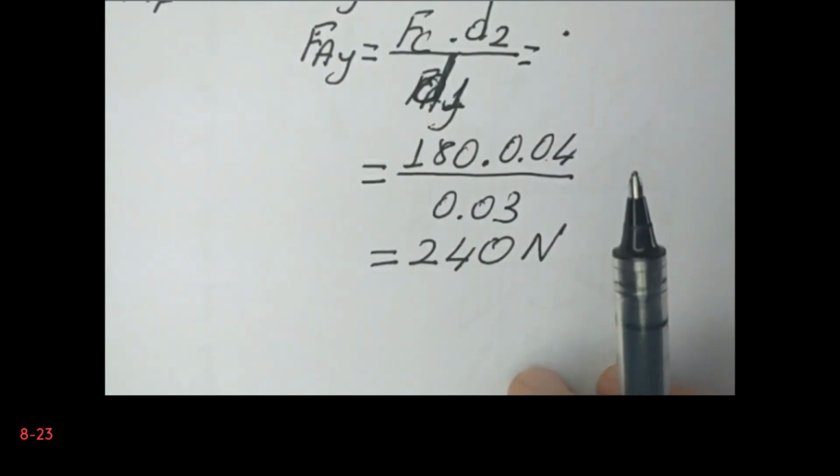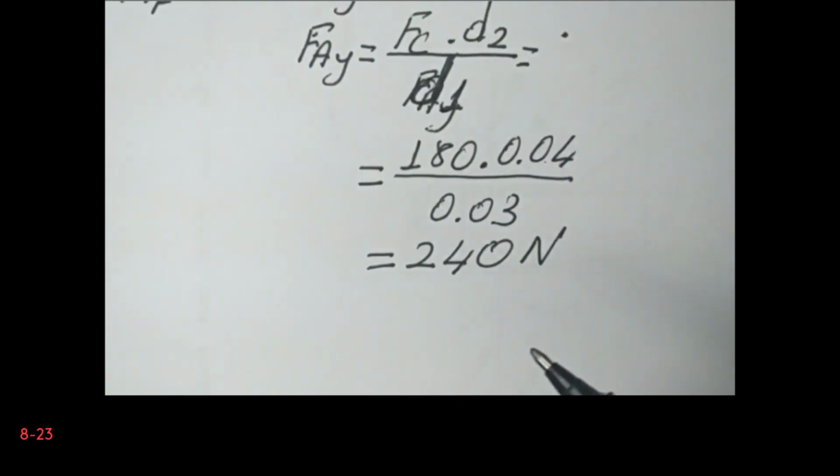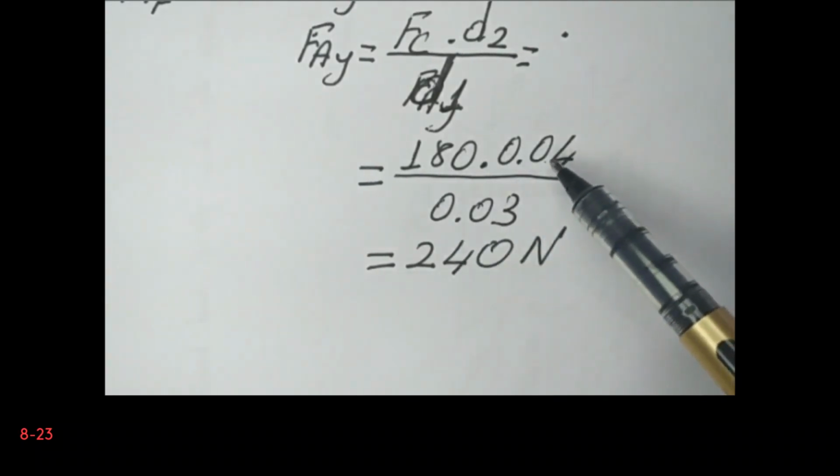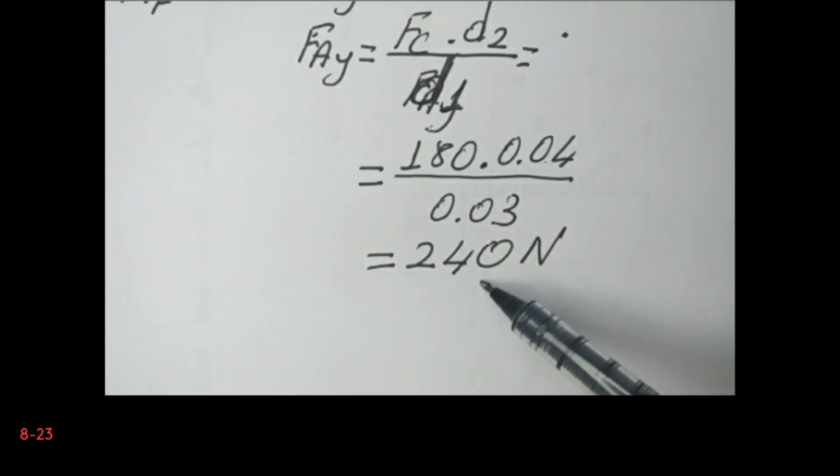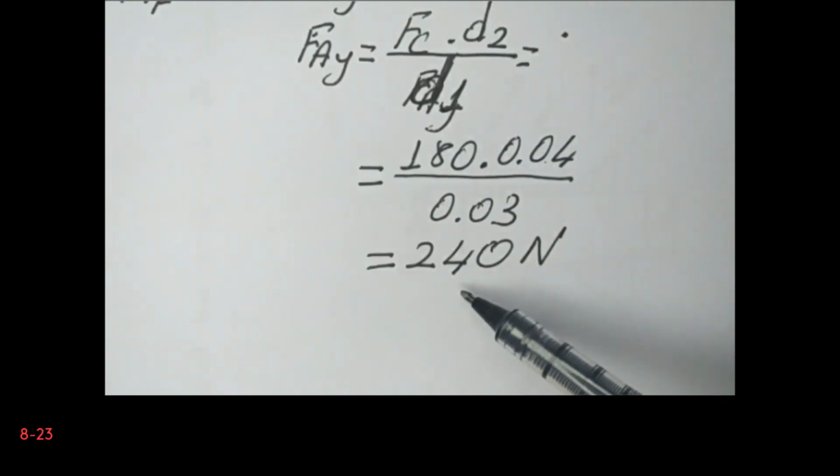If you put the values, Fc is 180, D2 is 0.04, D1 is 0.03. So this is the value for D2, this is the value for D1, and then we find the force coming from the pinned connection. It is 240 newtons.